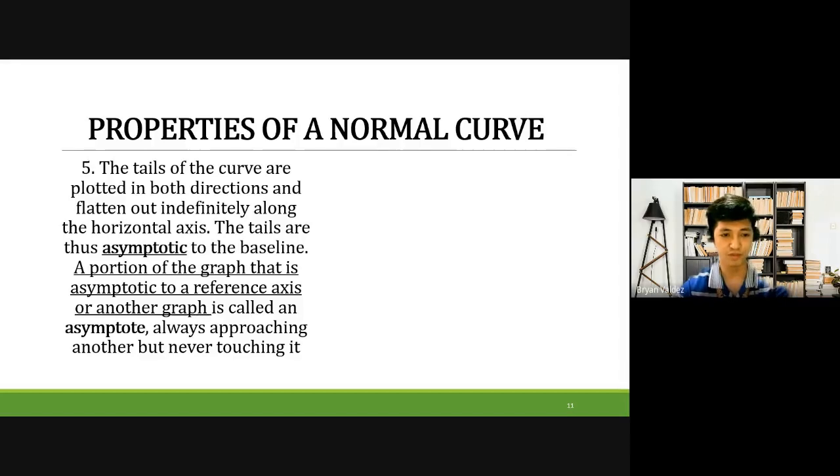Ayan. So, the fifth property of a normal curve is that the tails of the curve are plotted in both directions and flattened out indefinitely along the horizontal axis. The tails are thus asymptotic to the baseline. A portion of the graph that is asymptotic to a reference axis or another graph is called an asymptote, always approaching another but never touching it.